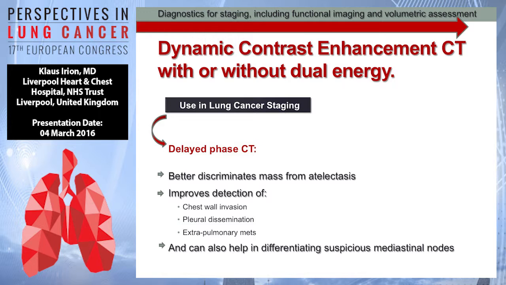The dynamic enhancement has other advantages: if you have two phases, you increase your chance to assess chest wall invasion for the TNM stage, pleural dissemination, and extrapulmonary metastasis. It also increases the chance to define which lymph nodes in the mediastinum are suspicious on top of just the size.